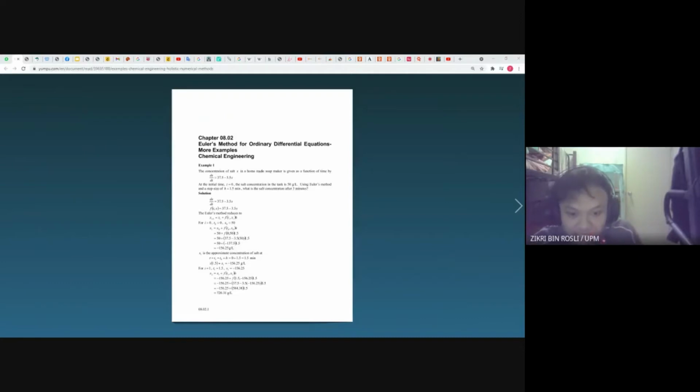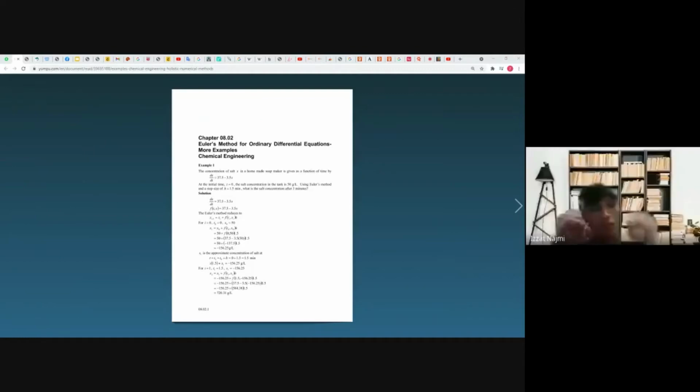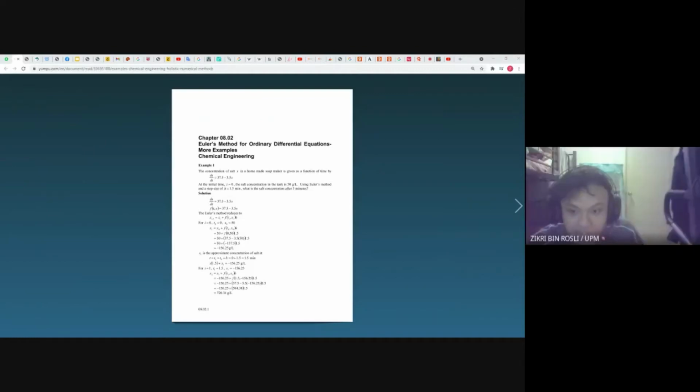Also, I state that we use Euler's method for the problem that we found. In this report, we use chemical engineering as an example of how Euler's method might be used in the engineering field. From this, we can determine the salt concentration in the tank every second or minute.